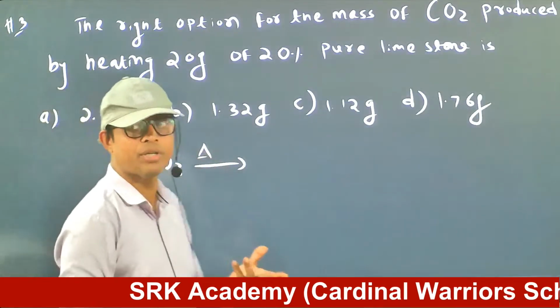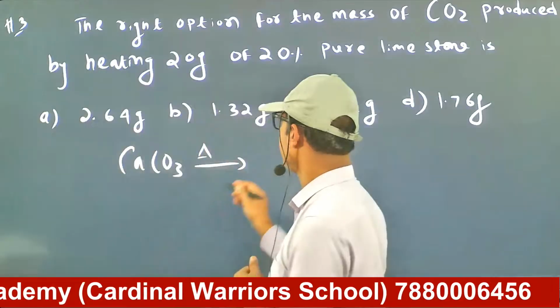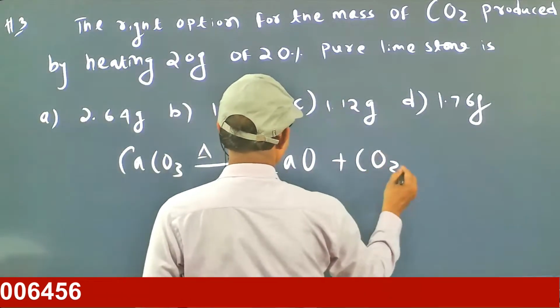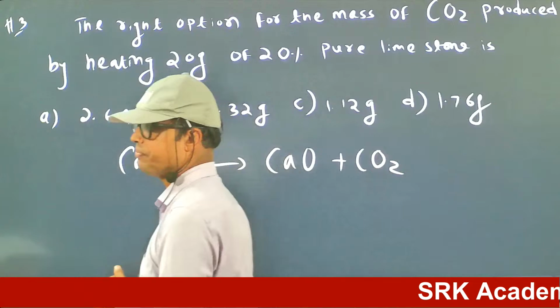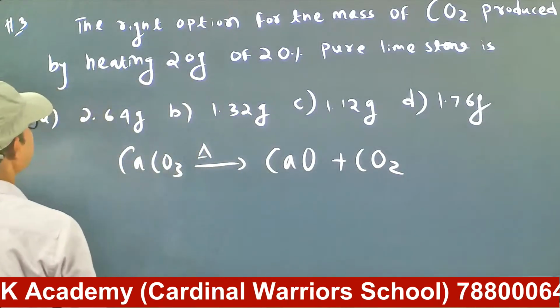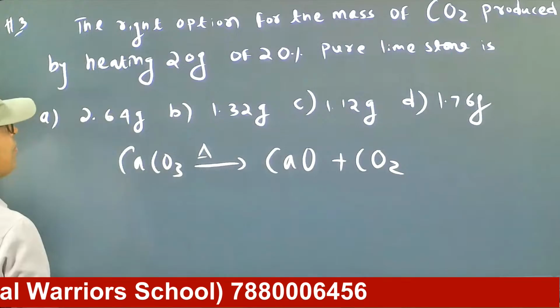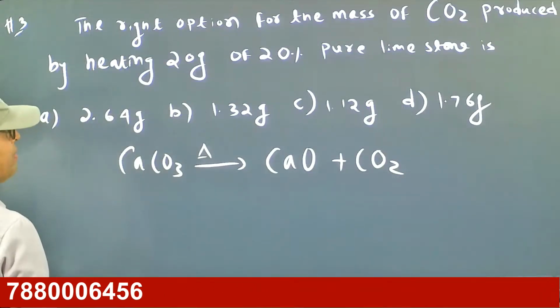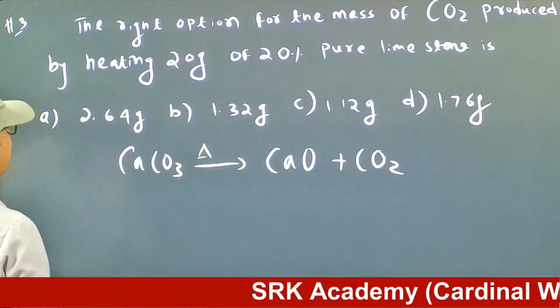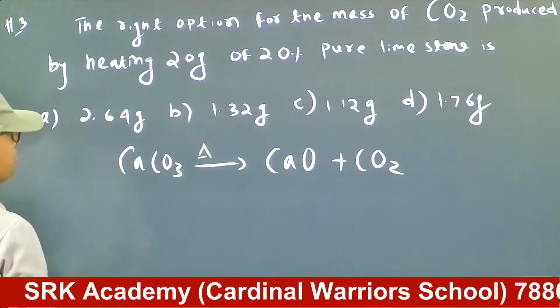When it is heated, what does it give? Calcium oxide plus carbon dioxide. Clear? Clearly it is given. How much is produced?